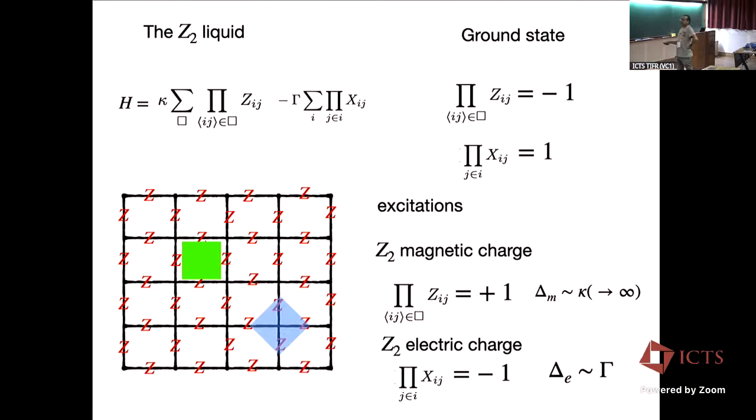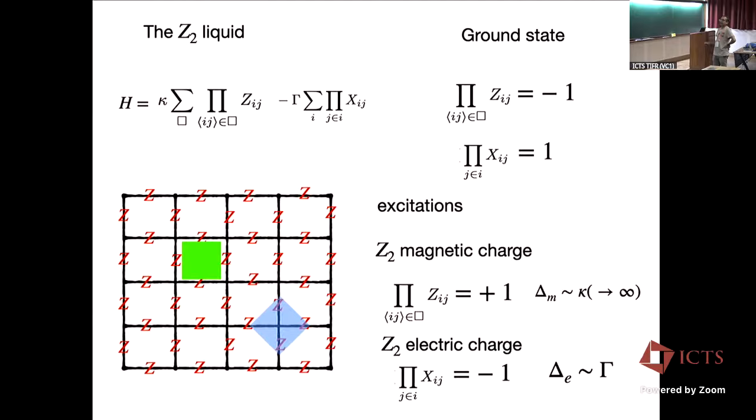Now, the point is that these basic excitations behave not like Goldstone modes or the low energy excitations of a product state, but rather like the charges of electromagnetic theory.